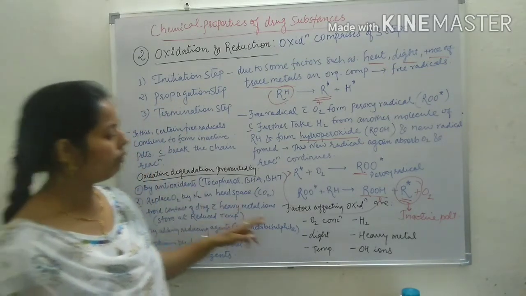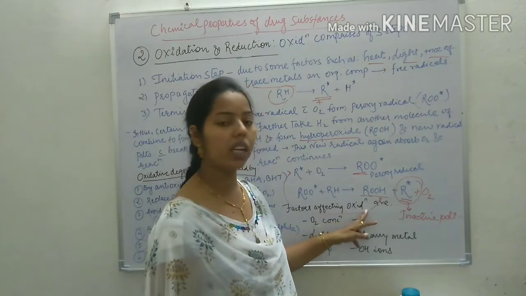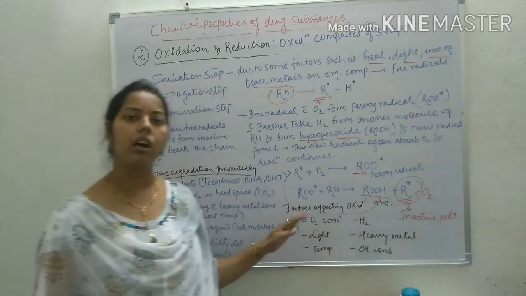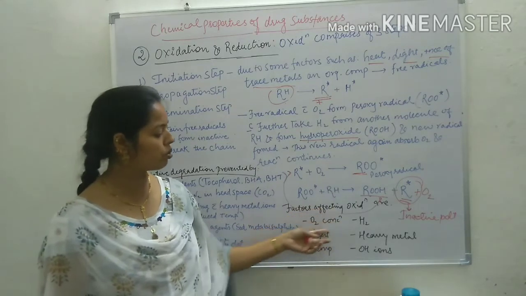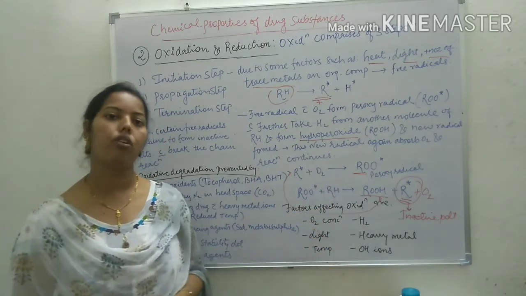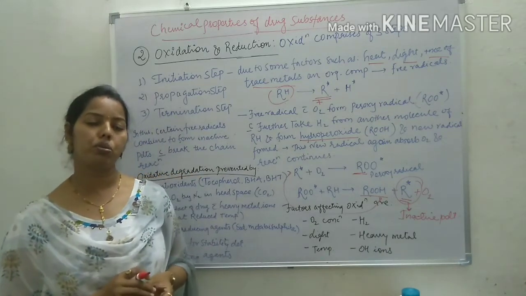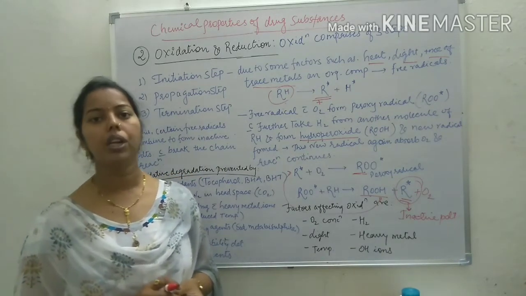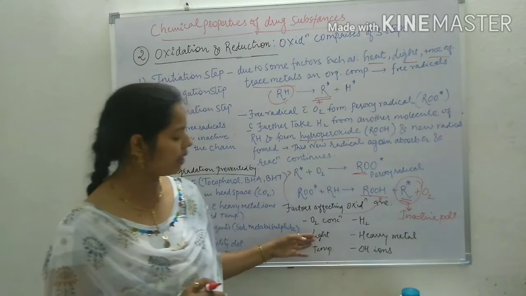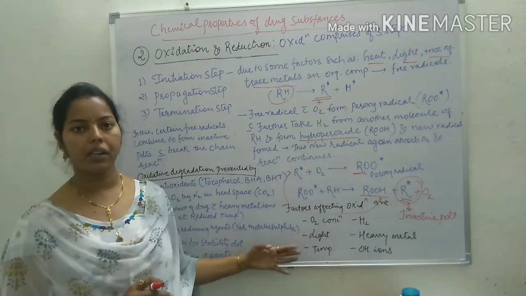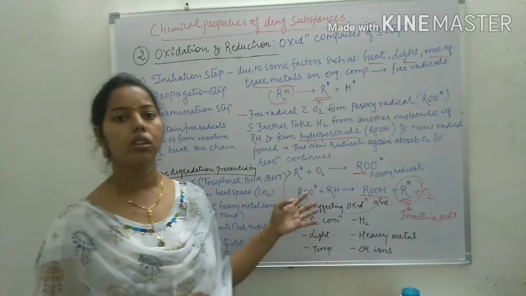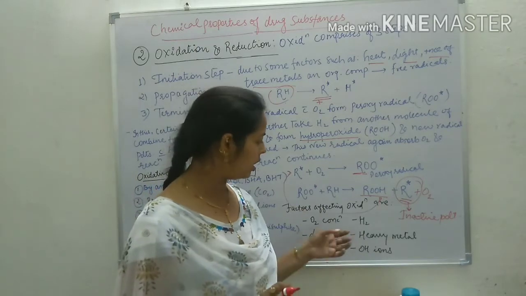Now the factors which affect the oxidation process are, the most common factor, the concentration of oxygen. If oxygen is more, then the oxidation process would be more in the formulation. Second is light and temperature, which again catalyze the oxidation reaction.